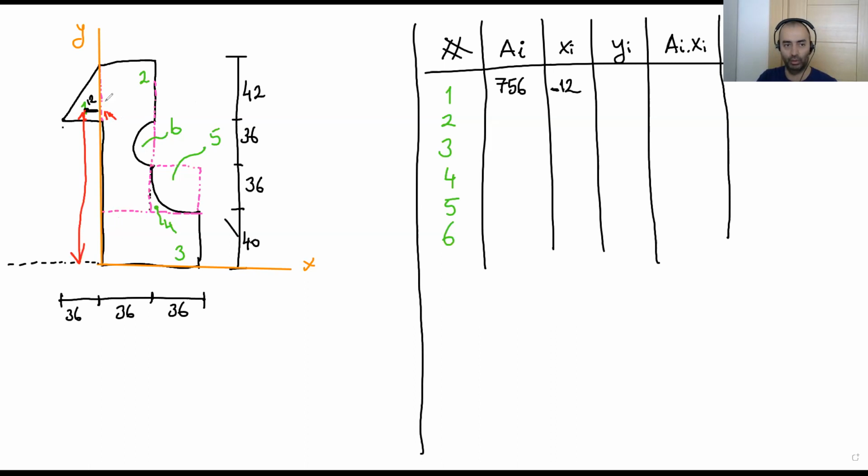This comes from the 1/3 rule. Plus all the way down to this point: 36, 36, 40, 36, 36, that is 72 plus 40, 114. Let me check again here. 126 is this total distance. Okay, we have just completed the first one.